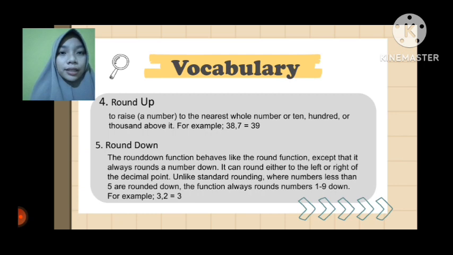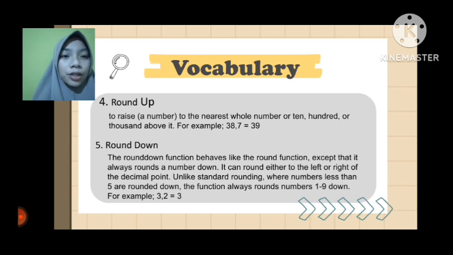4. Round up. To raise a number to the nearest whole number or 10, 100, or 1000 above it. For example, 38.7 we can round up to 39. 5. Round down.